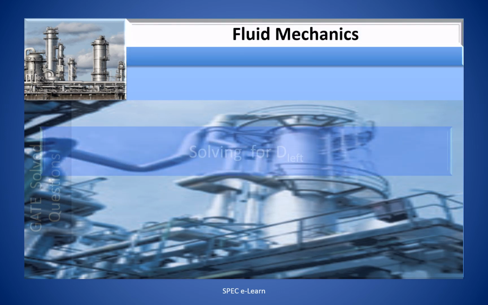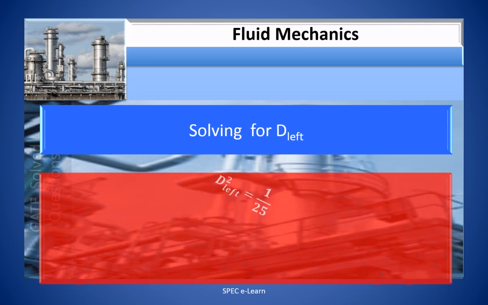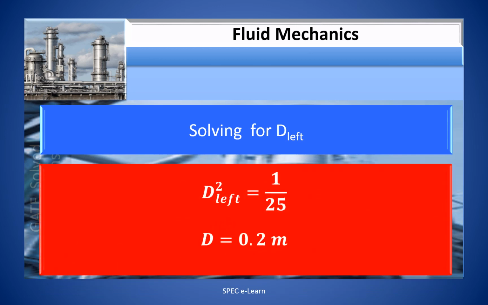Solving for d left, d left squared is equal to 1 by 25. So d left is equal to 0.2.